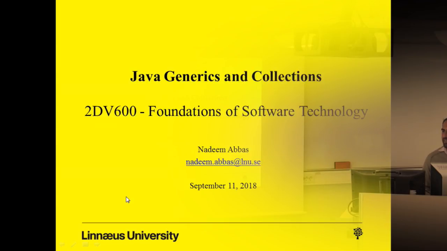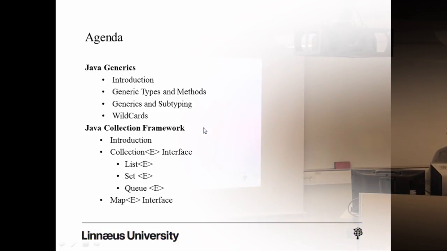In today's lecture, we will learn two important and related concepts known as Java generics and collections. So as you can see here, this is something that we will be talking about today.